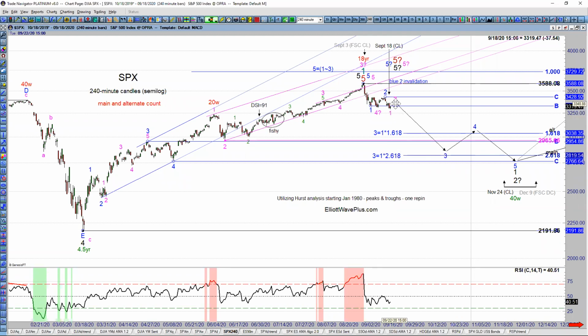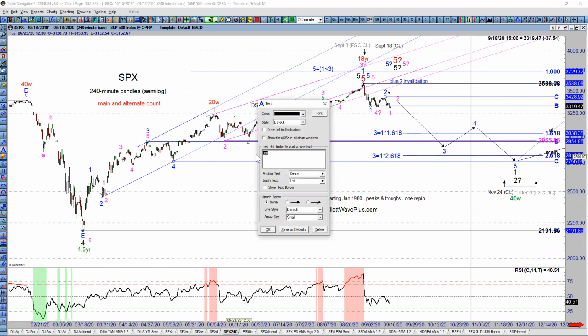So there's a zone down here that maybe isn't quite as bearish as what I had drawn before putting in the targets. $29.65.